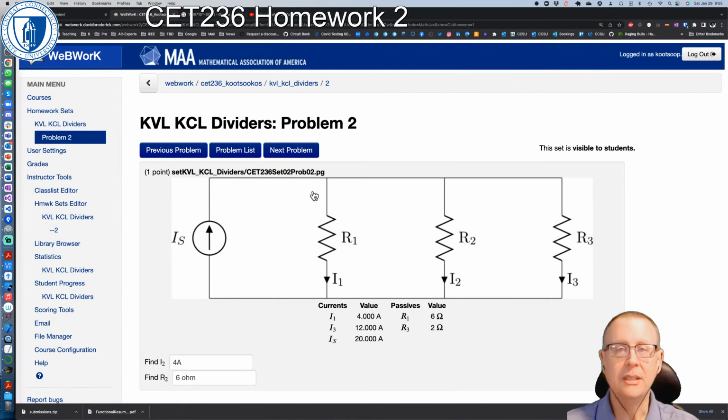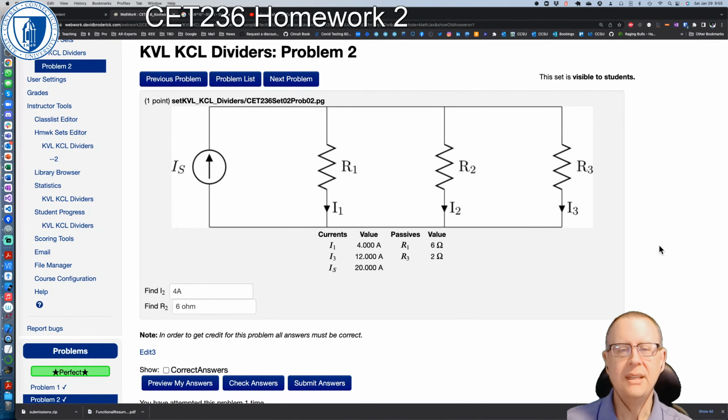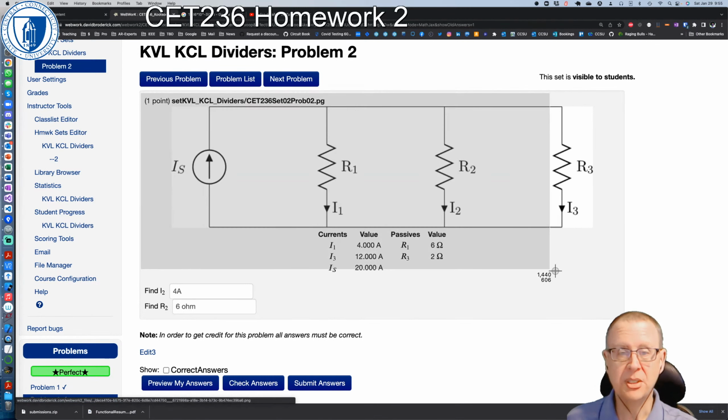So where are we? Back here, problem 2. Okay. Now we have a current divider question by the looks of things. So we're after finding I2 and R2, given what we know about everything else. We know IS, so let's take a picture of that.